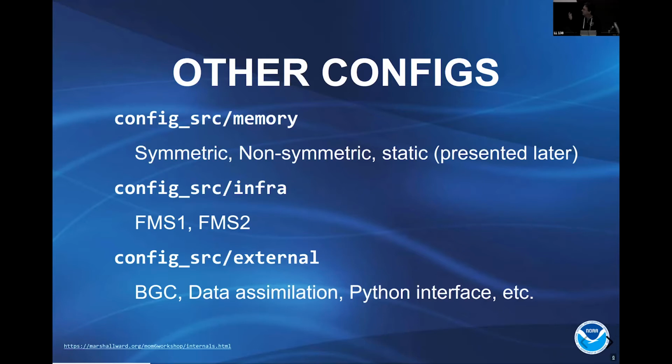Infra, again, this is where you would insert your own way of doing lower level operations on the machine. So we have FMS 1 and 2. This actually reflects two implementations of the IO inside FMS, which, as I mentioned yesterday, is GFDL's framework library. Hypothetically, you could do additional frameworks.